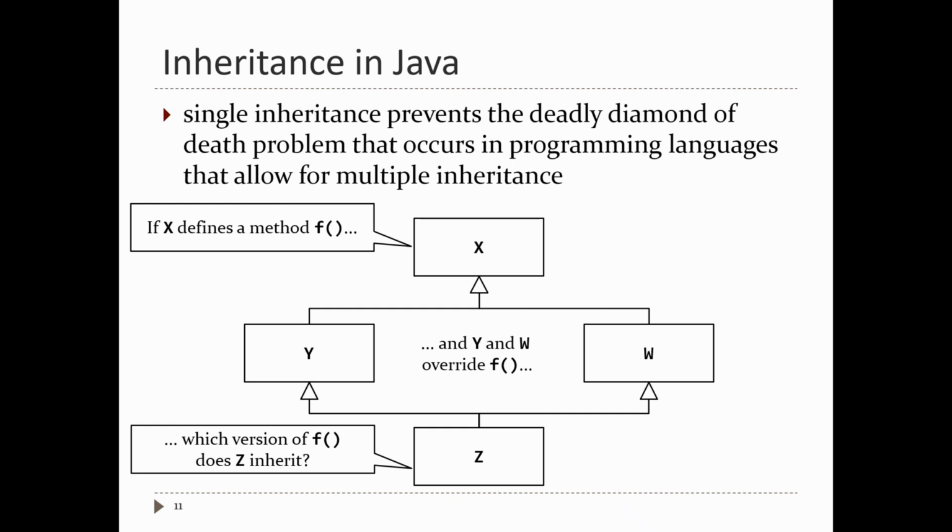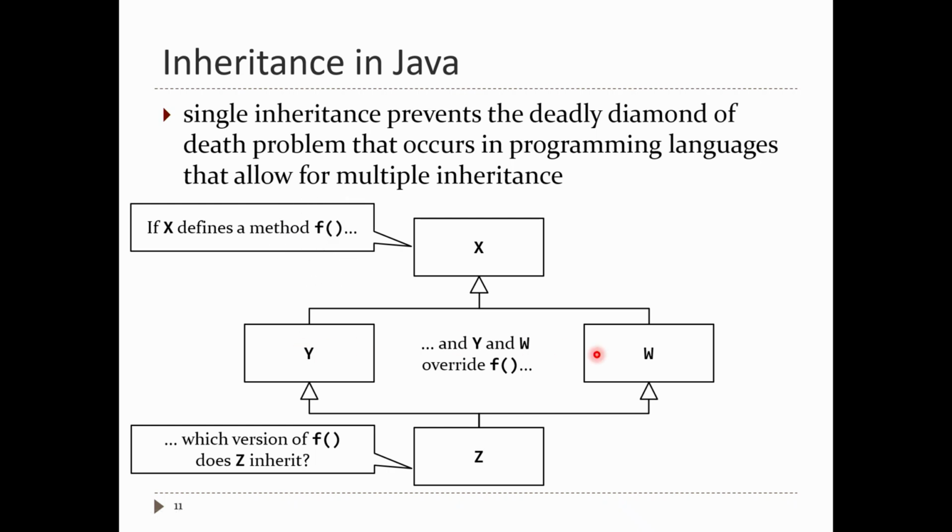So remember what inheritance lets you do. Inheritance means the subclasses get all of the public and protected methods from the superclass. So suppose X defines a public method F. What does that mean?